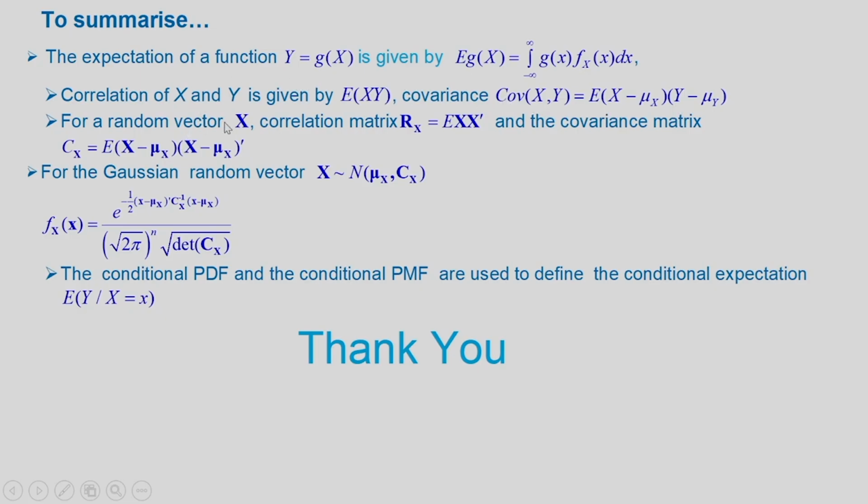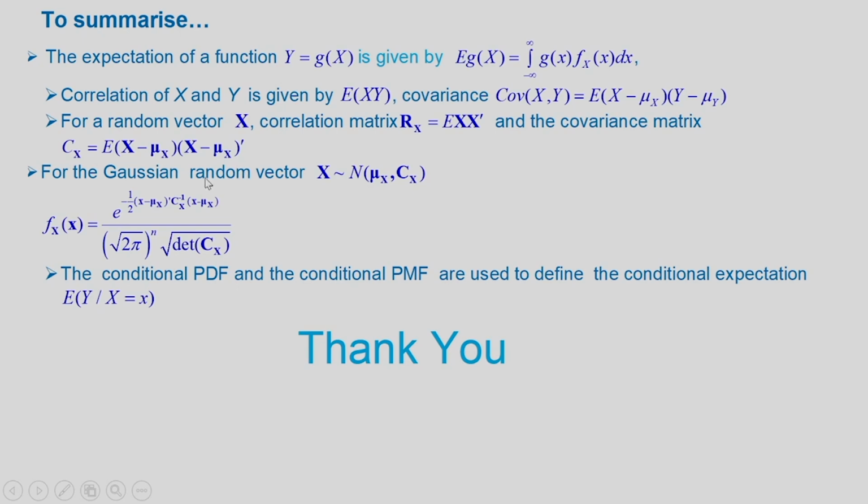For a random vector x, the correlation matrix R_x is equal to E of x x transpose, and the covariance matrix C_x is equal to E of (x minus mu_x) into (x minus mu_x) transpose. These are the description of correlation structure in the case of random vectors.